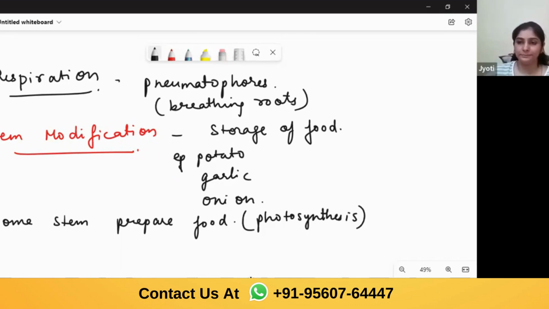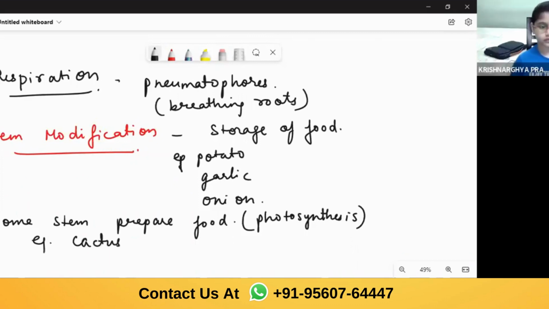Krishna? Ma'am, such examples of stems are in the plants of cactus and asparagus. Yes, so examples are desert plants like your cactus. Just now we have discussed, because there the leaves are reduced to spines.